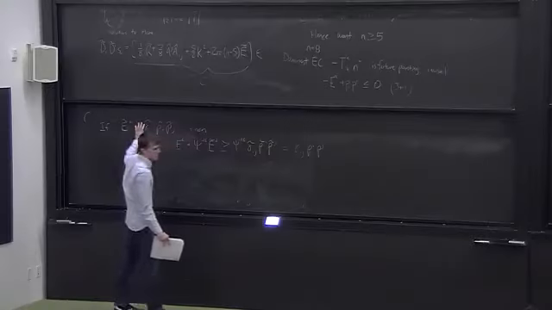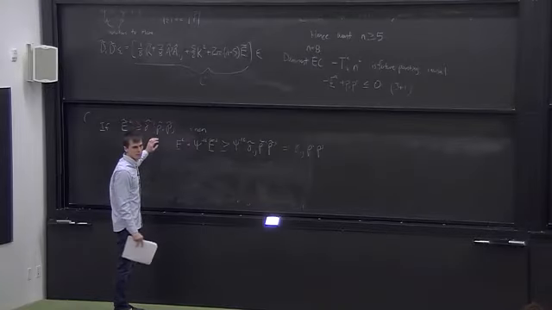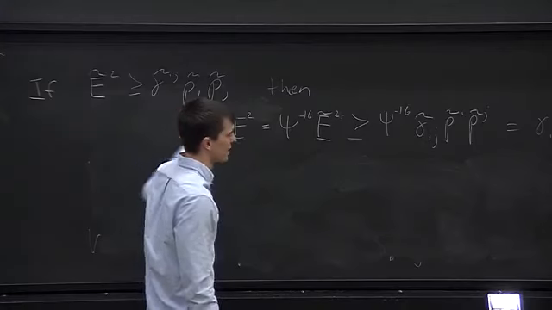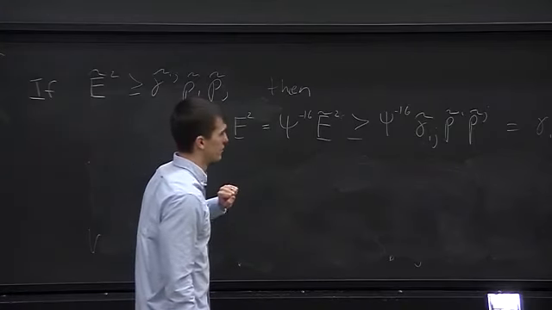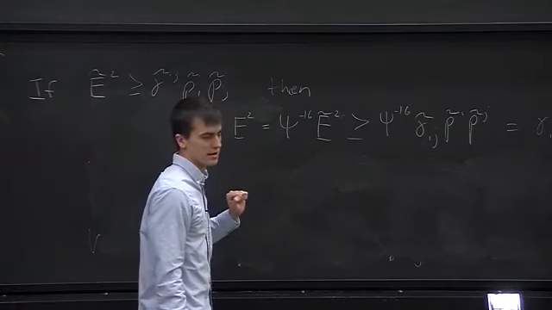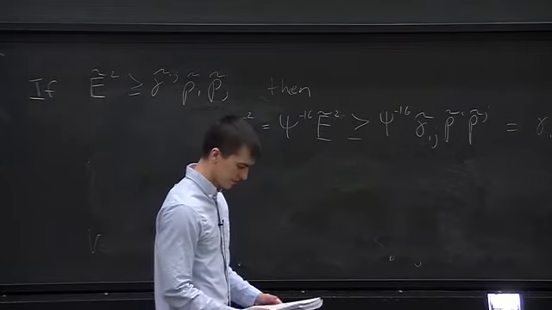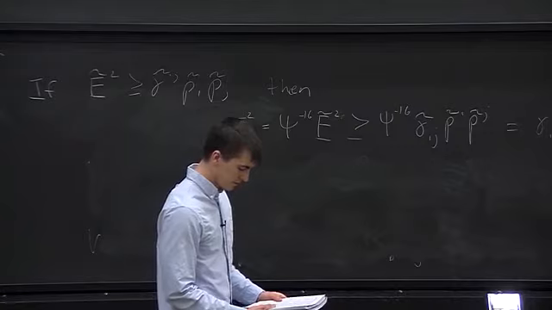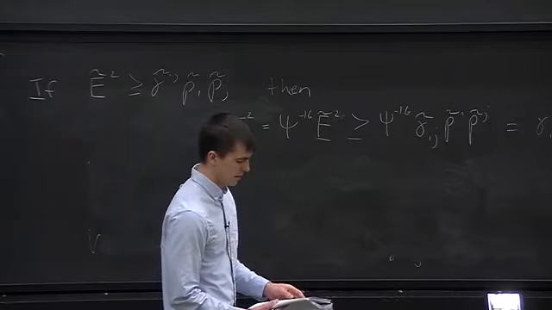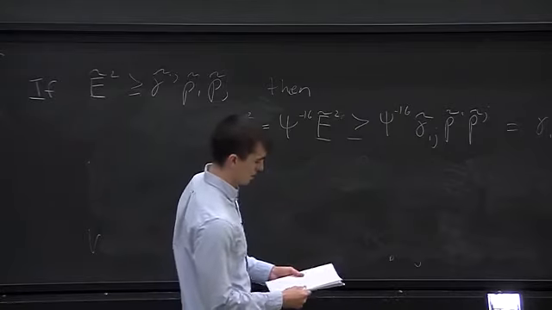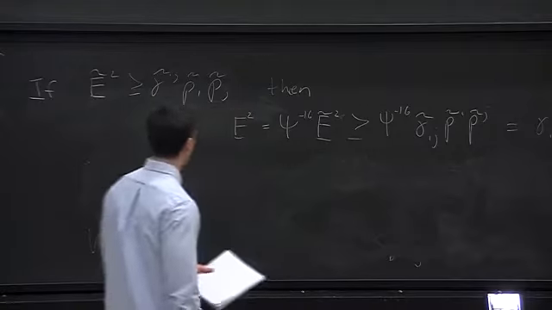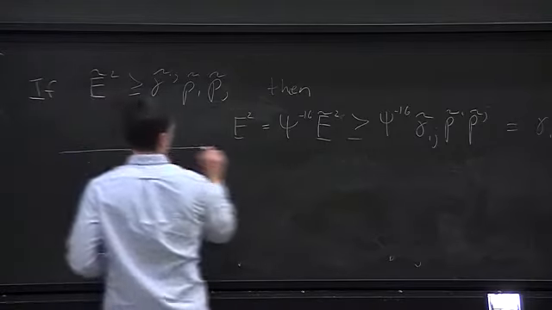So basically, if we start off with some matter that's not moving faster than the speed of light, then once we rescale things, our matter still won't be moving faster than the speed of light, for example. Okay, so let's just recap what we've done here.